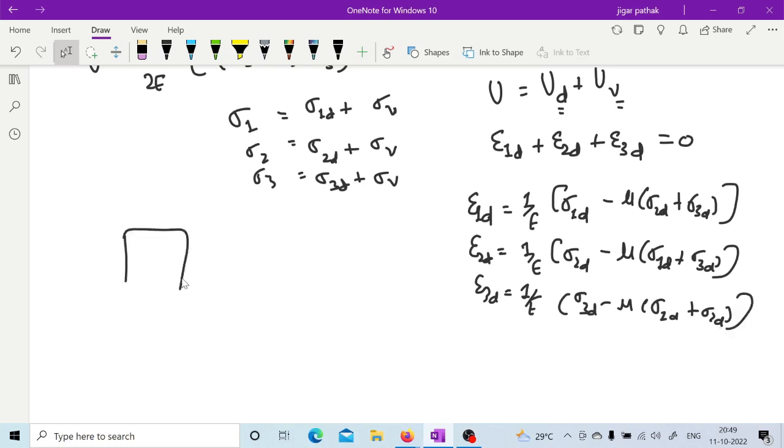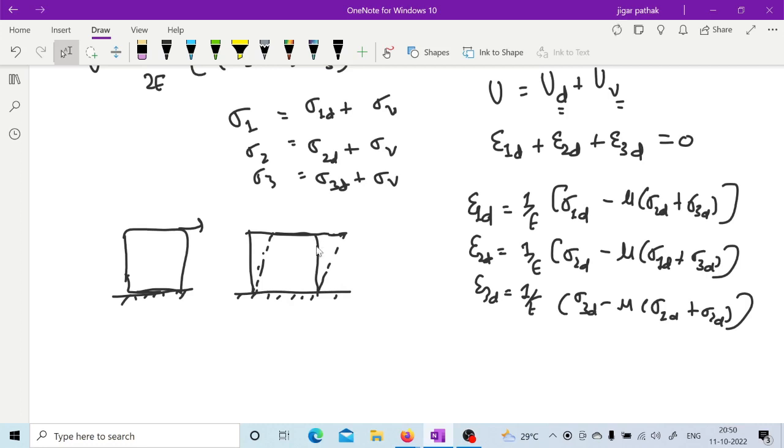If you have any object like this and you give distortion to it, then simply the shape is going to change and not the volume, right?